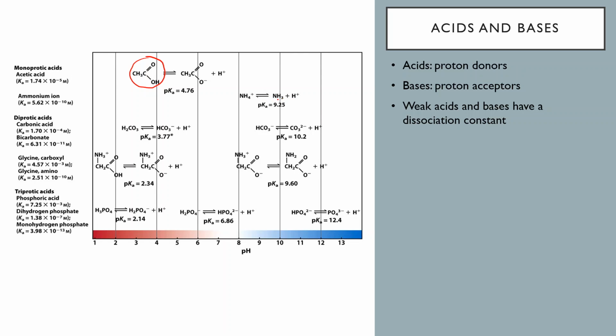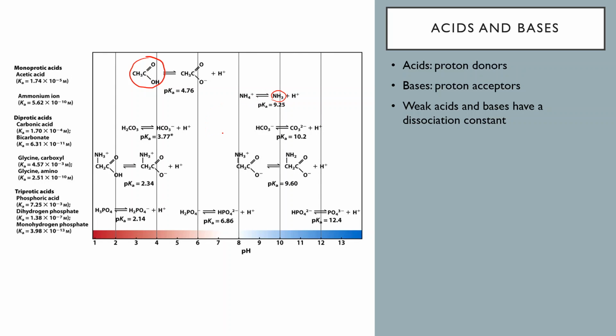Ammonia, NH3, is the weak base, and we consider it a weak base because it will mostly remove protons if you add it to solution, but it will stay partially in its ammonia form and partially in its ammonium form.